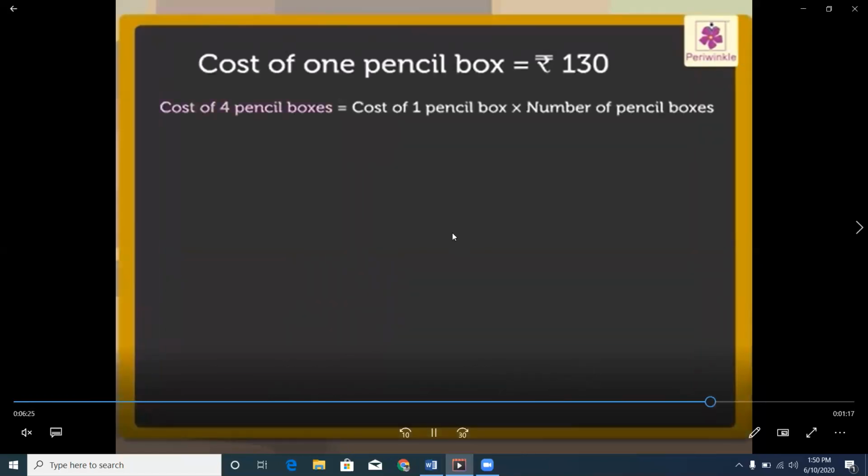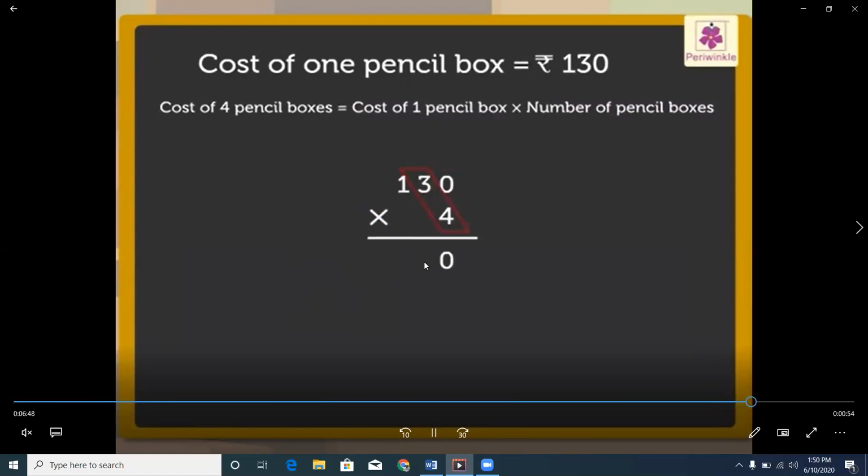Now we want 4 pencil boxes. So we multiply the cost of one pencil box by the number of pencil boxes which we want. We want 130 multiplied by 4. 4 times 0 is 0. 4 times 3 is 12.